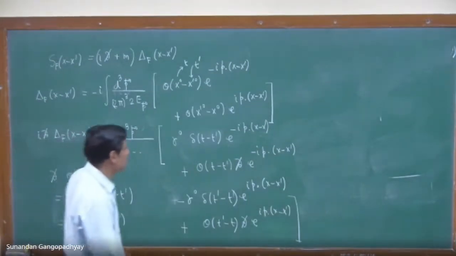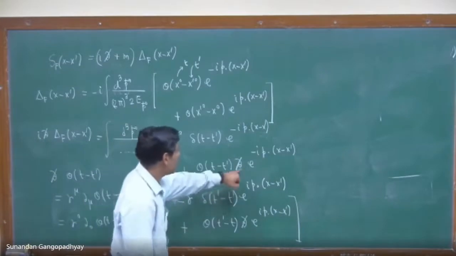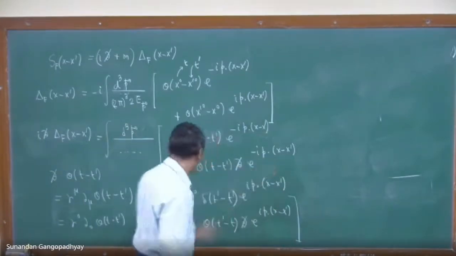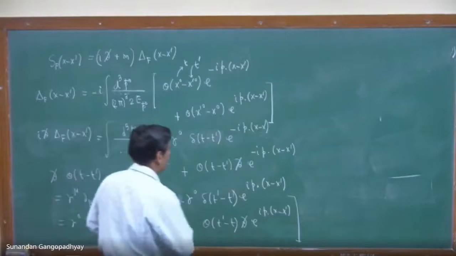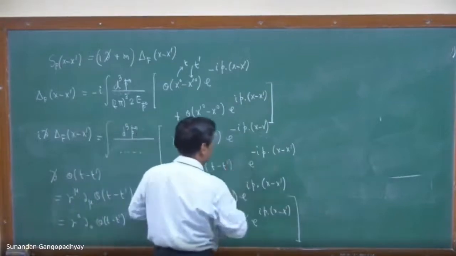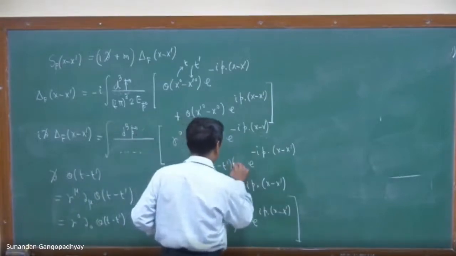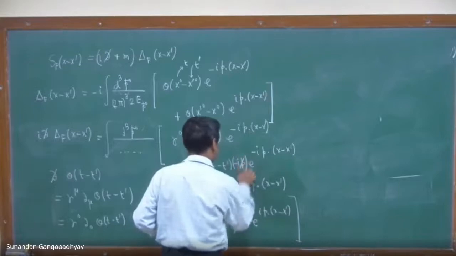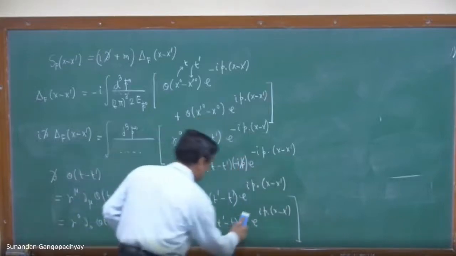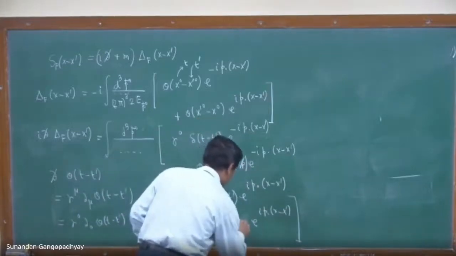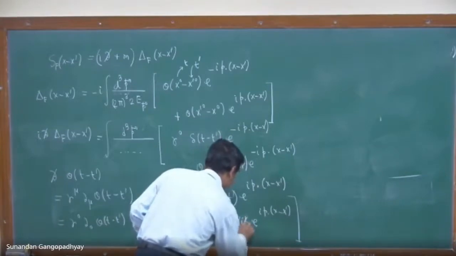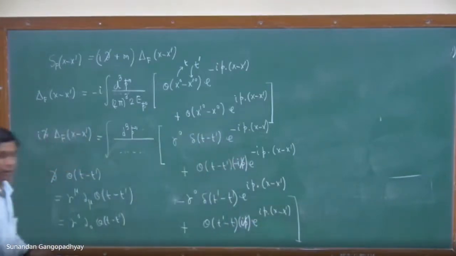From here we can immediately see that when del slash is acting on this term, you can now replace this del slash by minus i p slash, right? And this del slash by plus i p slash.